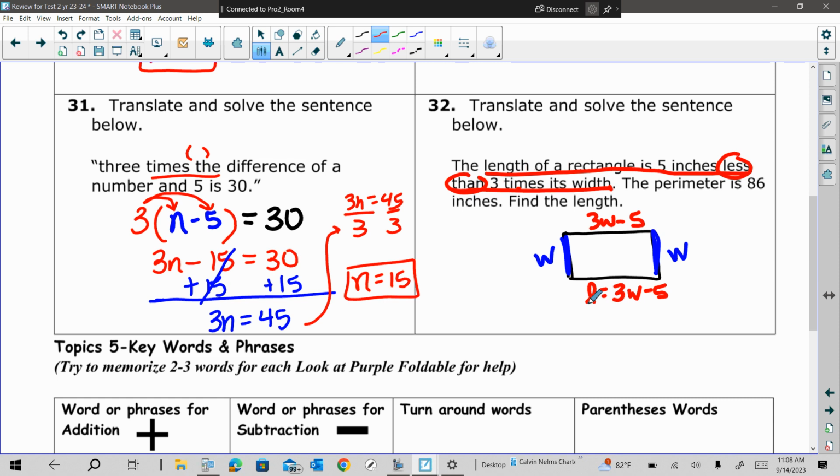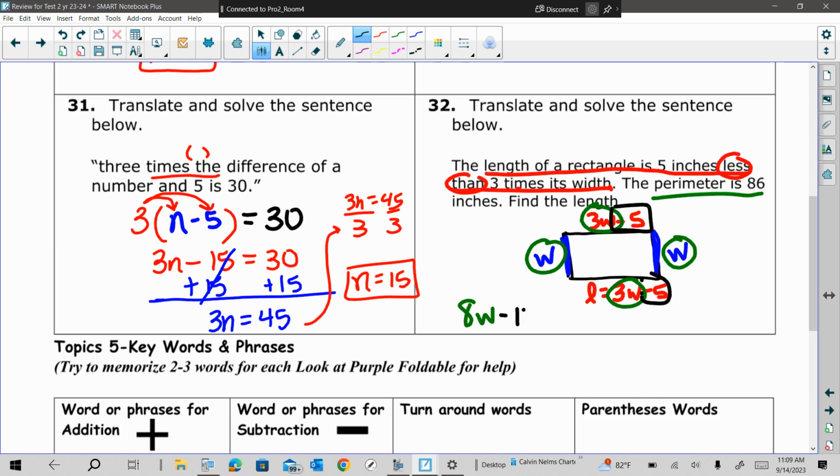Okay. So the other key thing is they said the perimeter is 86 inches. And we just talked about perimeter being adding up all the sides. Right. So let's add up all our sides. If I add up my W, my 3W, my other W, and my 3W, that's a total of 8 W's, right? Okay, and then we have minus 5 and minus 5, minus 10.